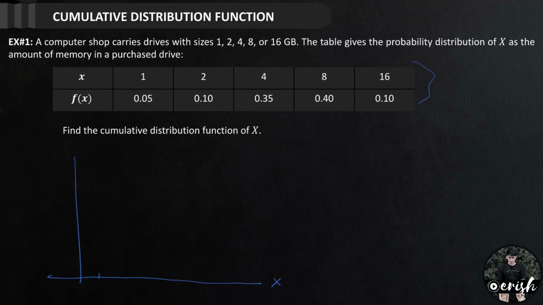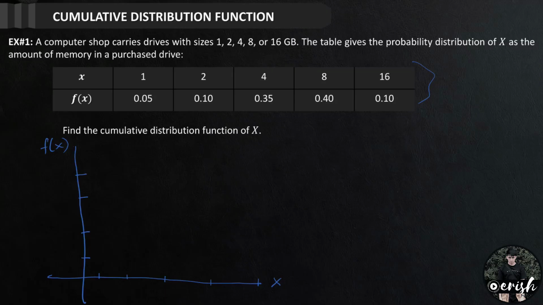Say, ito yung ating 1, 2, 4, 8, and 16 without a proper measurements. And dito naman is yung ating f of x or yung probability values natin. So this is our 0.05, 0.1, 0.35, and 0.4. So ayan, ito yung ating probabilities.